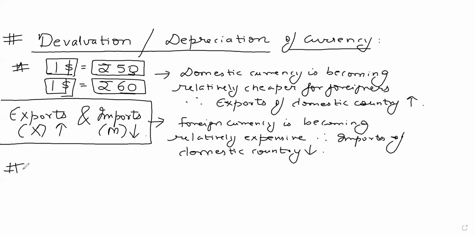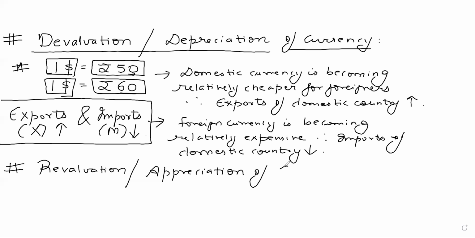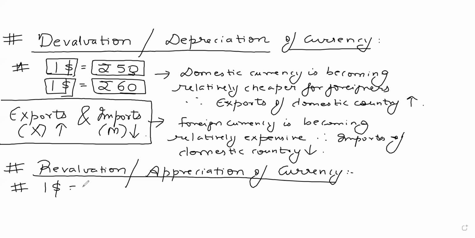On the other hand, if I talk about the other side, revaluation or appreciation of a currency. Now let's look at this, guys. Again, $1 was equal to rupees 50. Now $1 becomes rupees 40. So what do we learn?